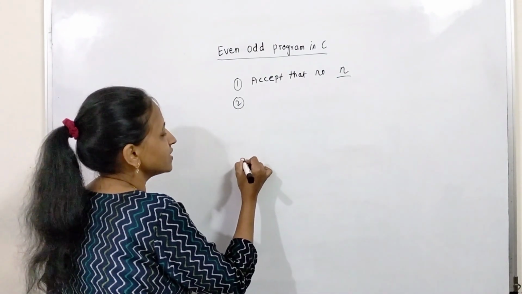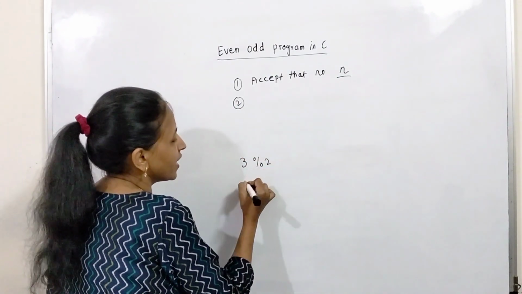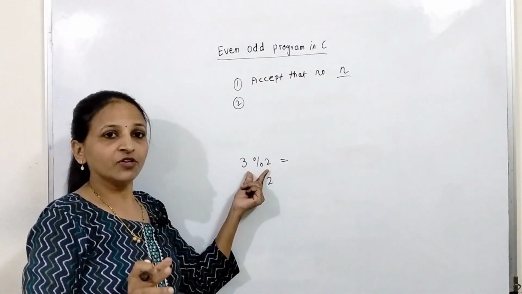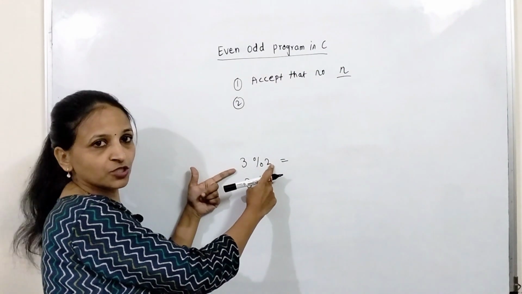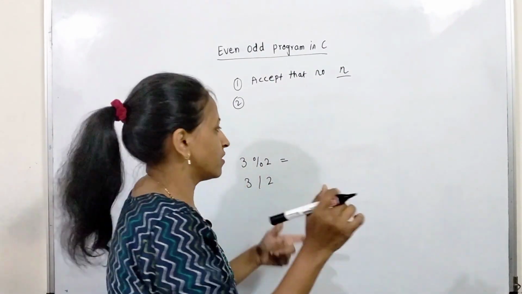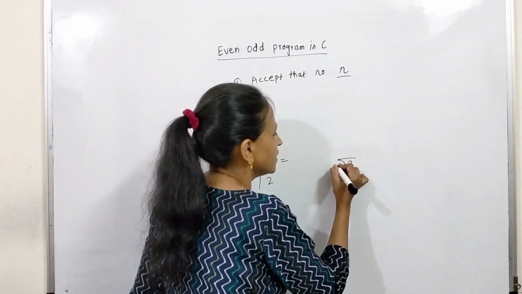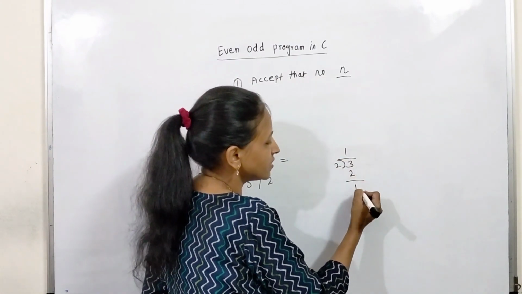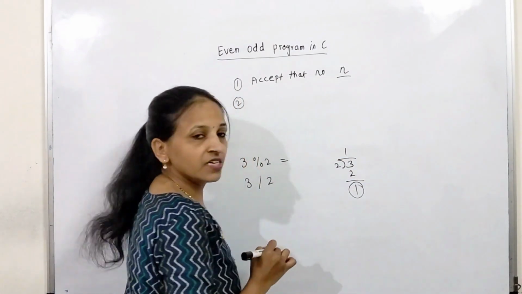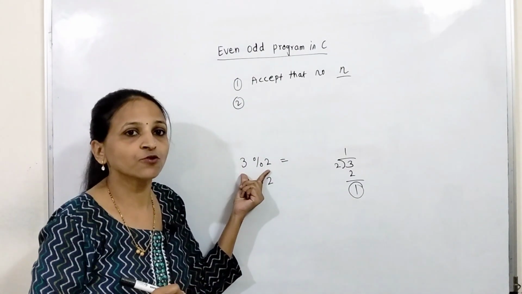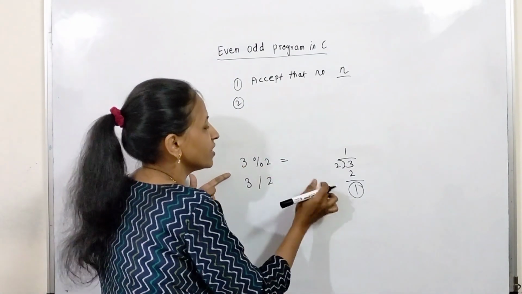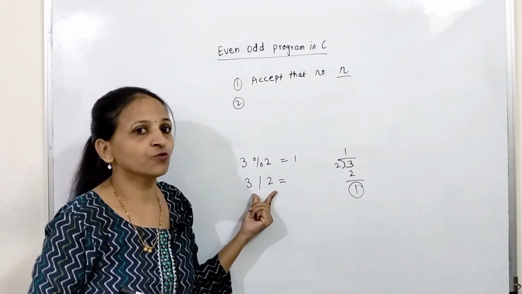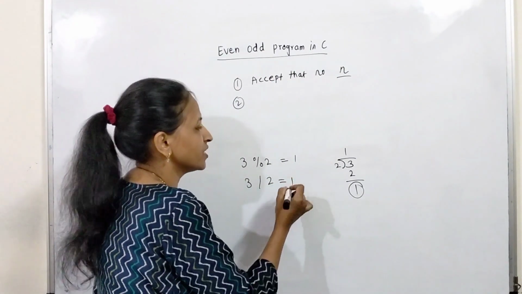Suppose I am writing 3 modulus 2 and 3 divided by 2. What are the answers here? 3 modulus 2 gives us the remainder. We do 3 divided by 2, 2 ones are 2, and the remainder is the answer whenever we do modulus. Here we will get answer 1, and when we divide the number by 2, it will always give us the quotient.